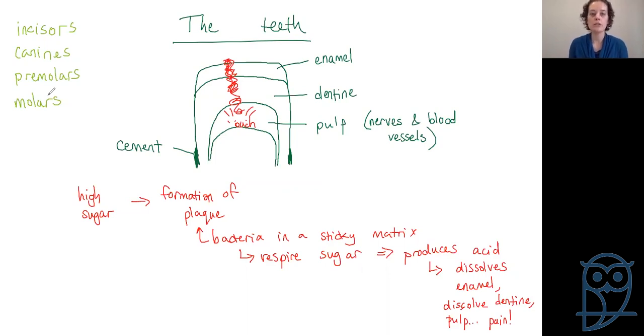What you need to know is your basic function of each of these teeth types and how this links into mechanical digestion, like breaking down of the food from big pieces into smaller pieces to increase surface area with no chemical change. And that is where we're pulling in our teeth.